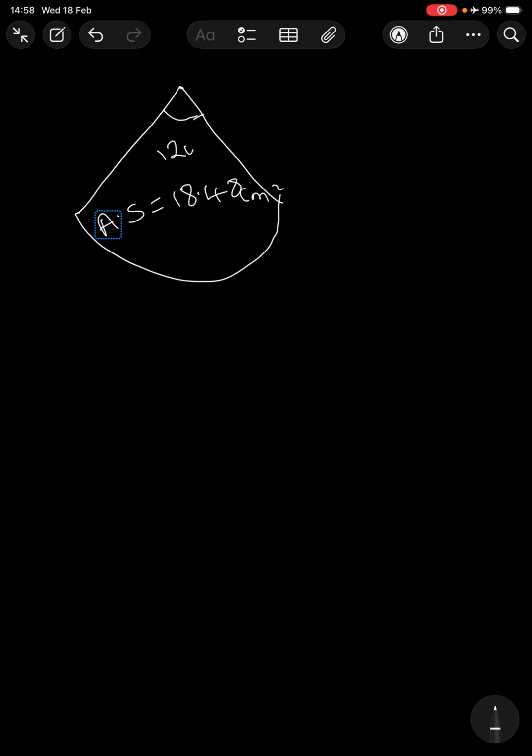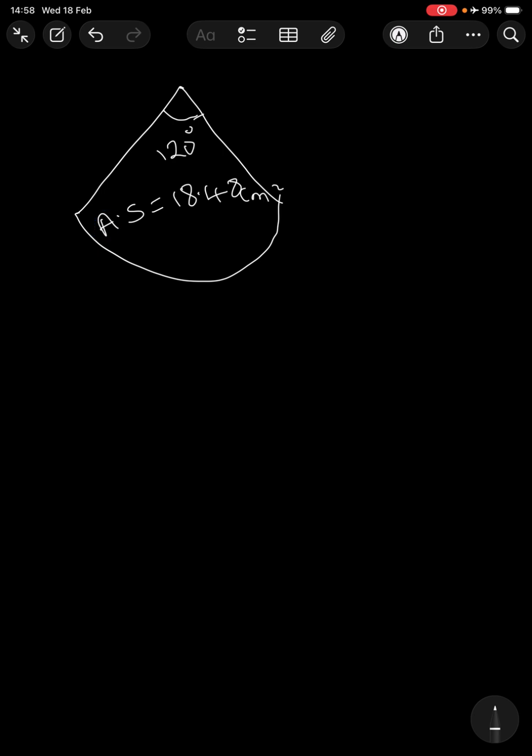Next question. We have a sector, and the area of this sector is 18.48 centimeters squared, and theta is 120 degrees.